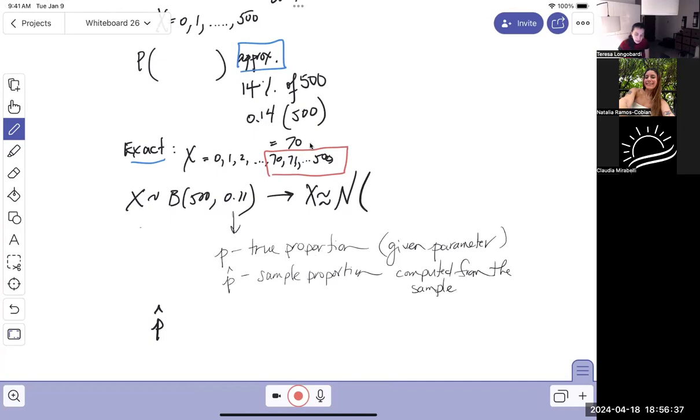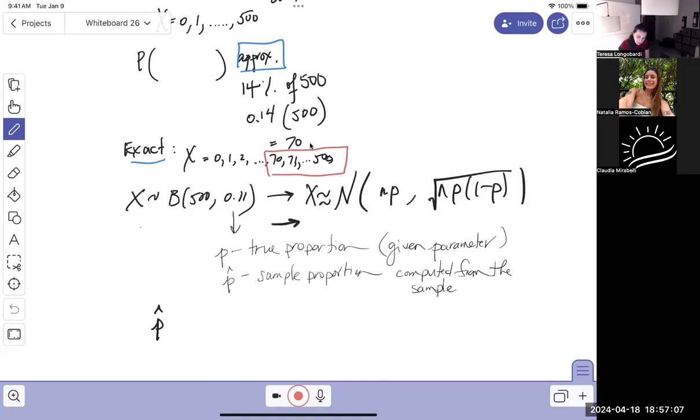It counts the number of students who live in dorms, the number of successes in 500, or n, trials. X would be distributed normal with a mean of n times p and a standard deviation of the square root of n times p times 1 minus p.